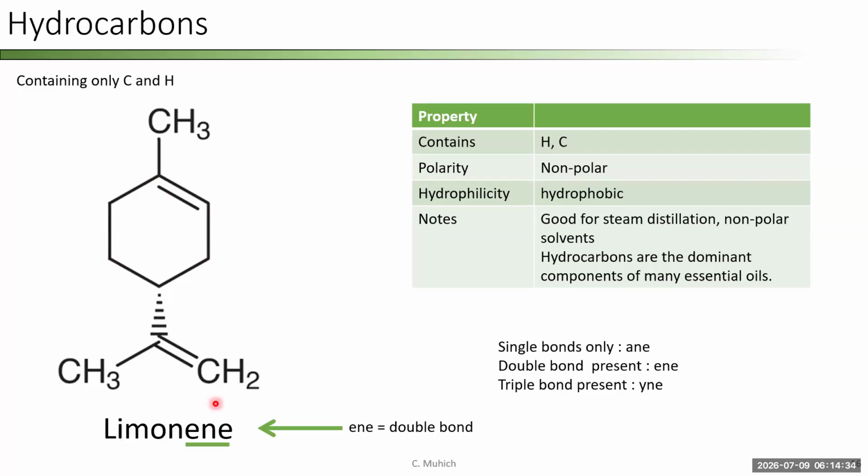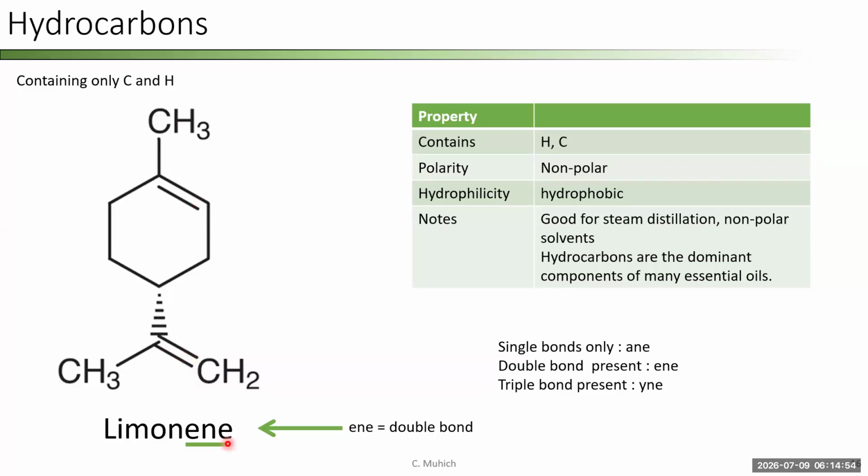I also want to comment on the name. Limonene: the ENE at the end indicates that this structure has at least one double bond. And here, if we look, we can see that there are actually two double bonds.